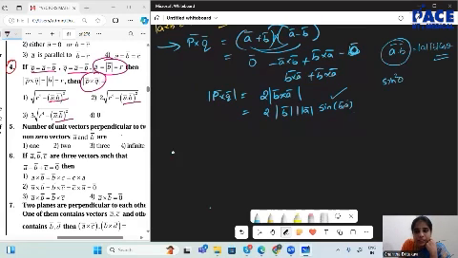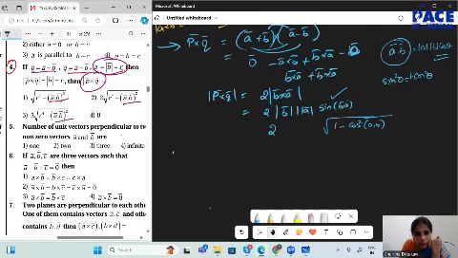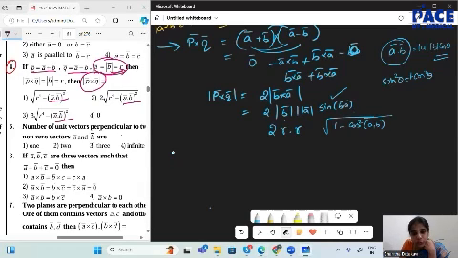And I know sine square theta is 1 minus cos square theta. So in place of sine theta, I am going to take root of 1 minus cos square of angle between A and B. Understood that? Now 2 times, and mod A is already given to be R, mod B also to be R. So R into under root 1 minus cos square theta, where theta is the angle between your A and B. Now tell me what is cos theta that we know.